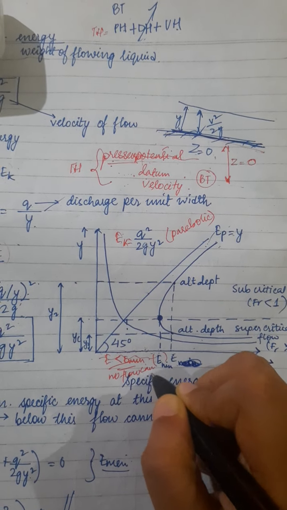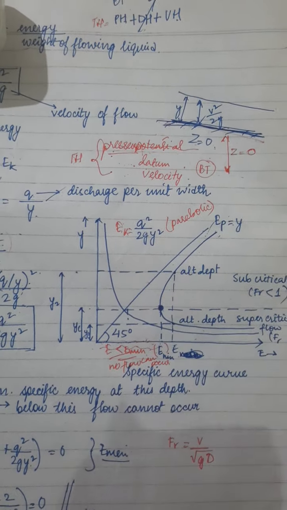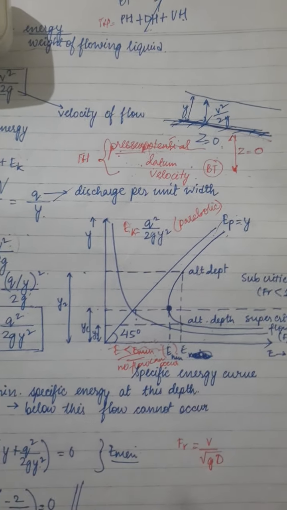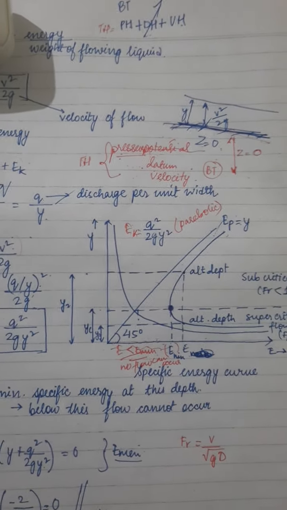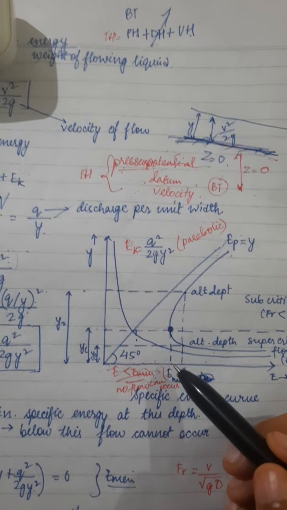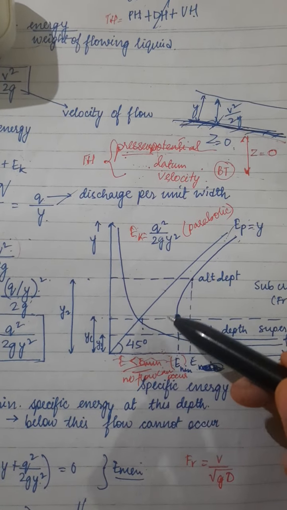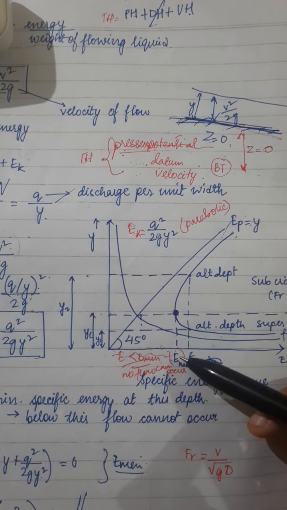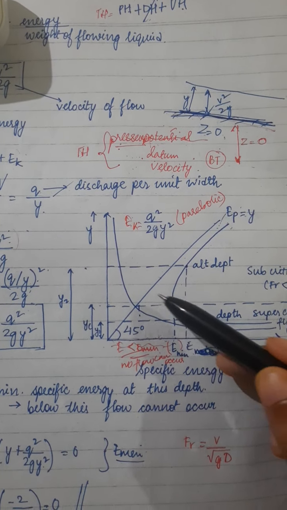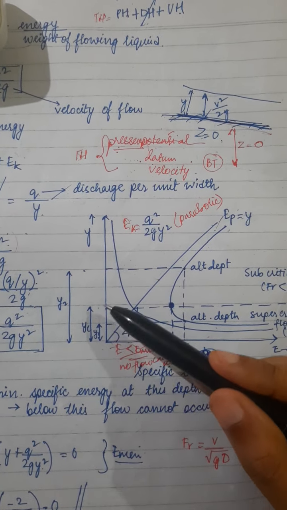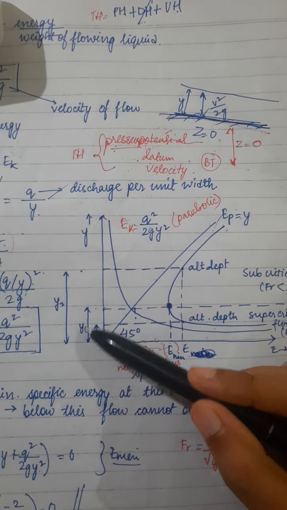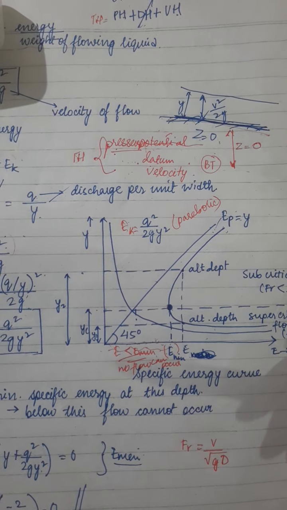So that's why the minimum energy for which flow can occur is called E minimum. And for this E minimum, we need to have a depth which is called critical depth, YC, okay.